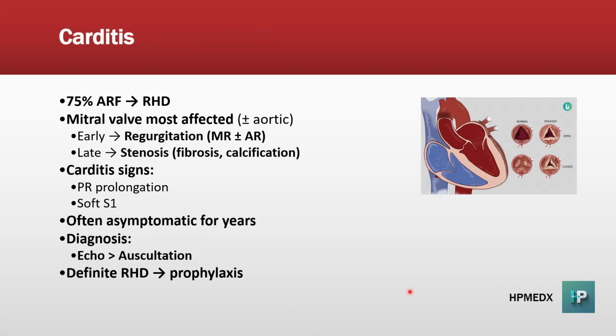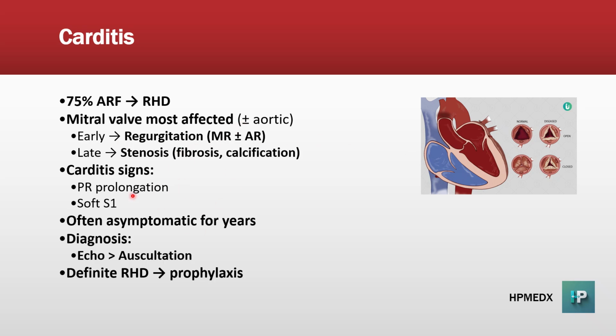And then carditis. Here, 75% of acute rheumatic fever leads to rheumatic heart disease, and the most common valve involved is the mitral valve, and the aortic valve may or may not be involved. The common thing that happens is regurgitation early on, and later due to fibrosis and calcification, stenosis may occur.